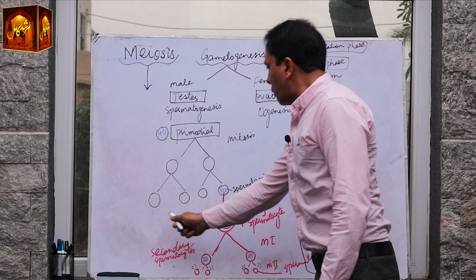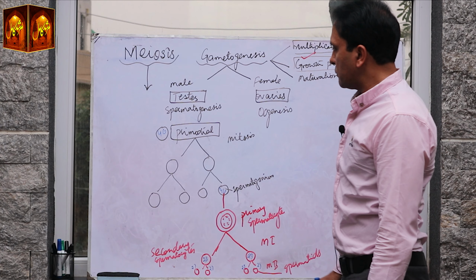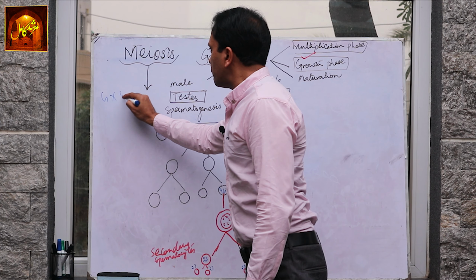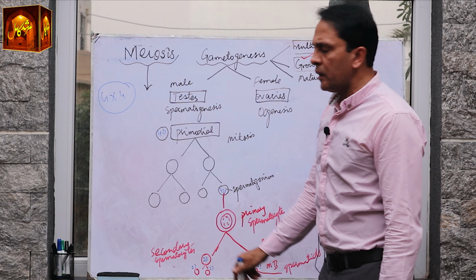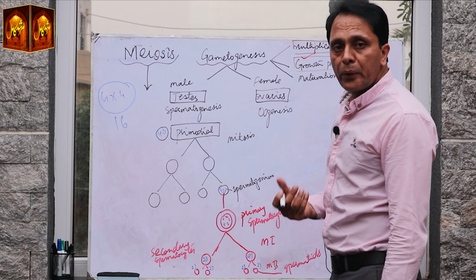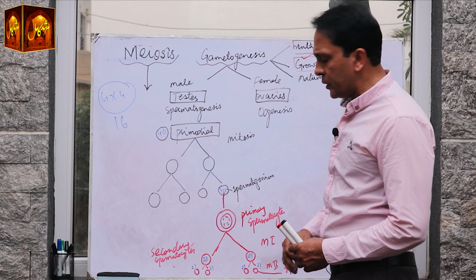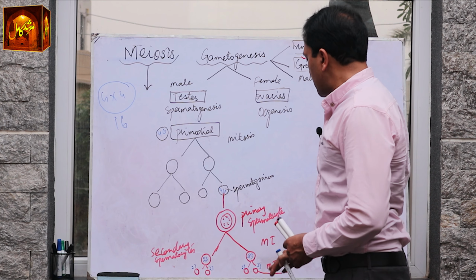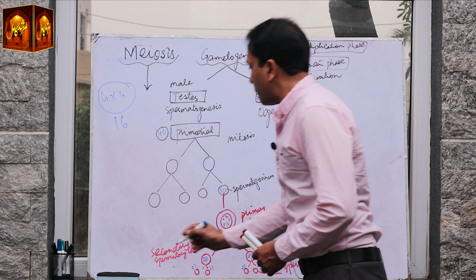So overall we had 4 spermatogonium. 4 into 4, it means from one primordial cell 16 spermatids will be produced, and after development, growth, and some changes, these spermatids will be changed into sperms.